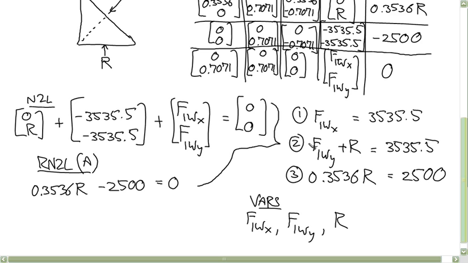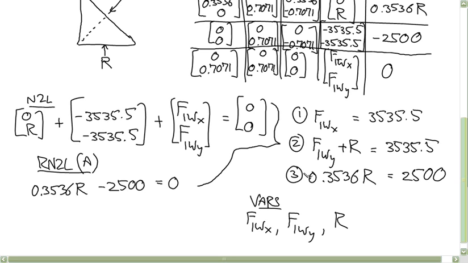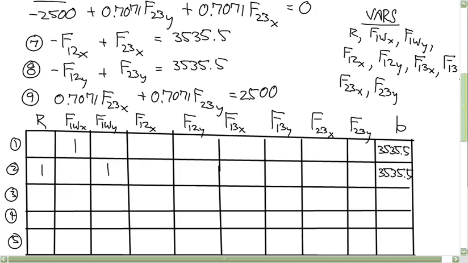Equation 2 says F1WY plus R is equal to 35.35. So 1 F1WY plus 1 R is equal to 35.35. Equation 3, 0.3536 R is equal to 2500.